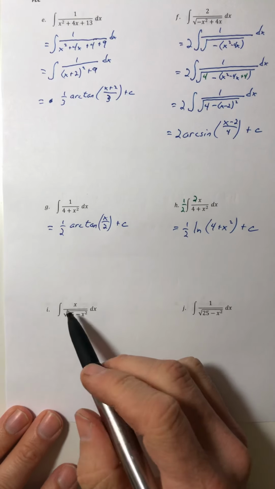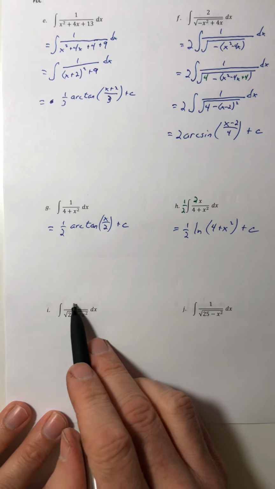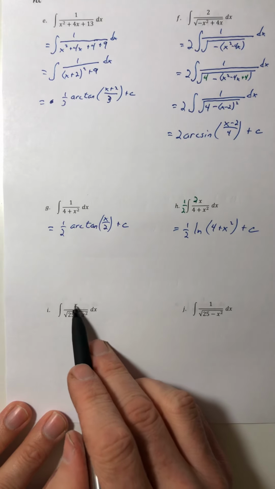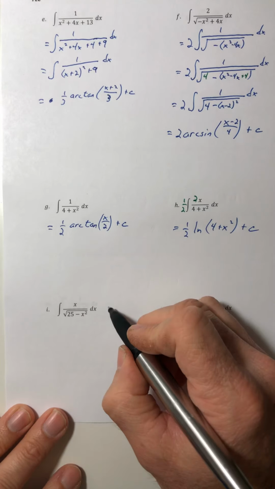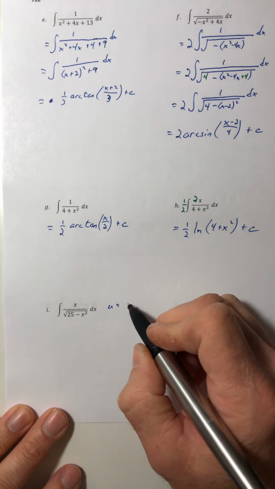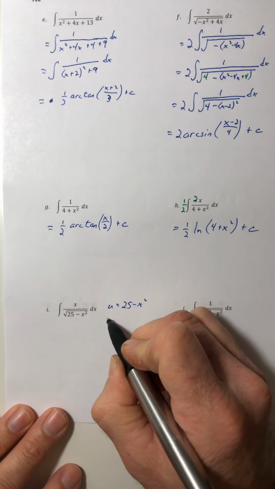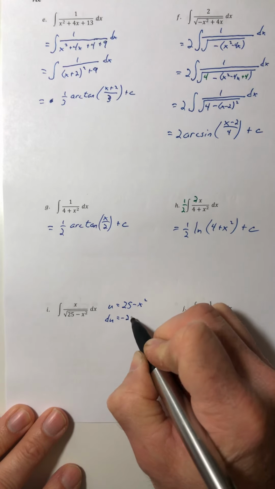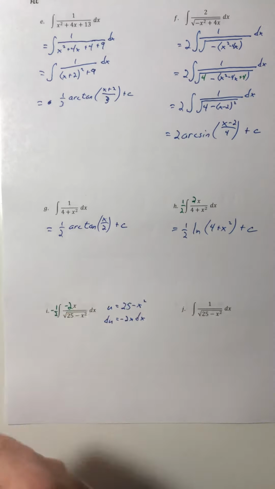Okay, now this one down here, it is close to an arcsine, but you have this x that messes it up. It's no longer u prime on top. So this one actually is a u substitution. You just need a -2 inside and a -1/2 outside.